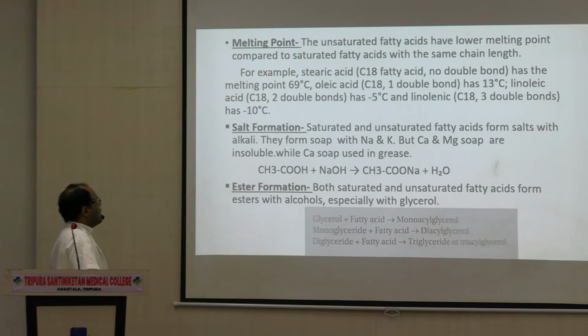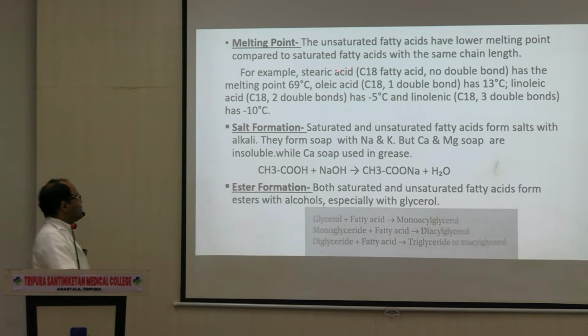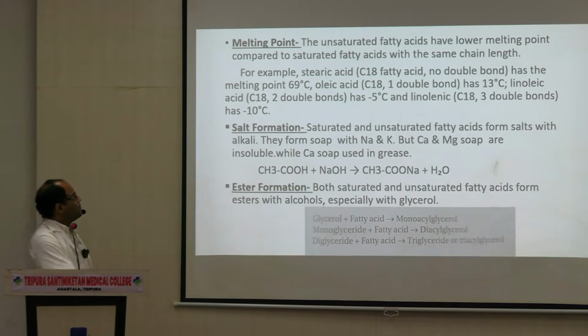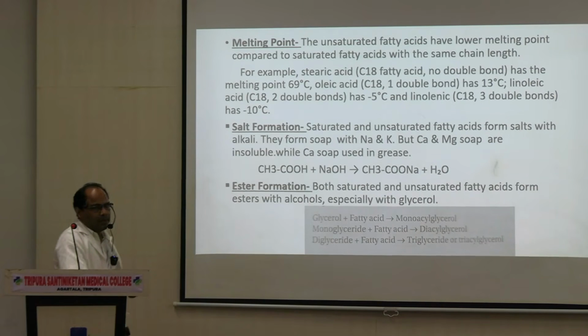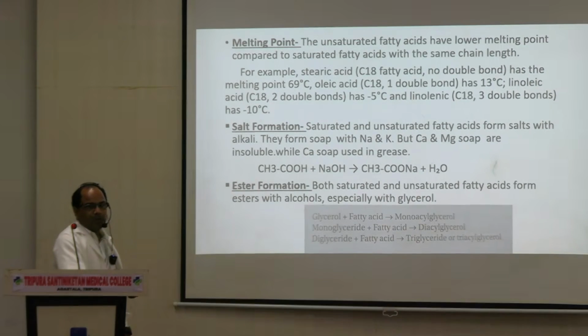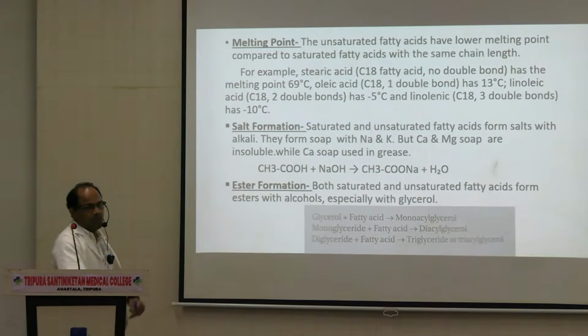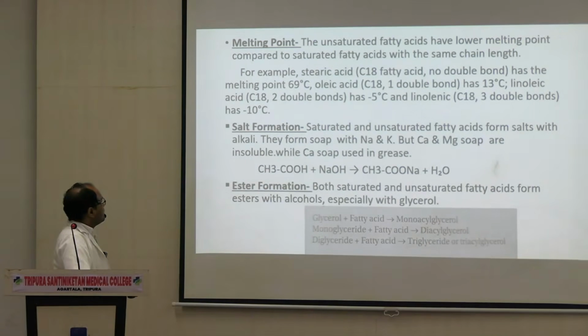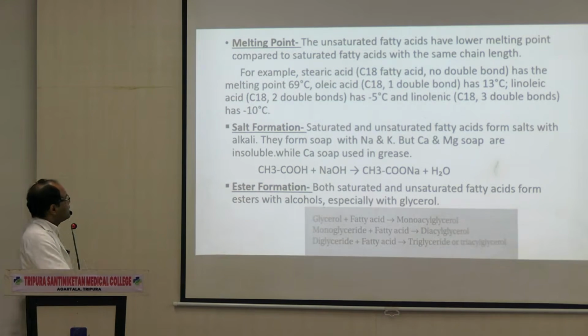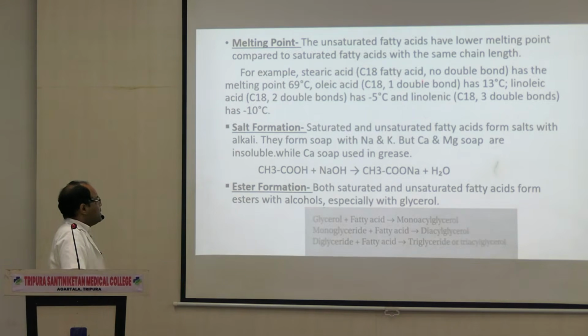Melting point: unsaturated fatty acids have a lower melting point compared to saturated fatty acids because they have double bonds. Double bonds mean they can break very easily. For example, stearic acid, a C18 fatty acid with no double bond, has a melting point of 69 degrees.